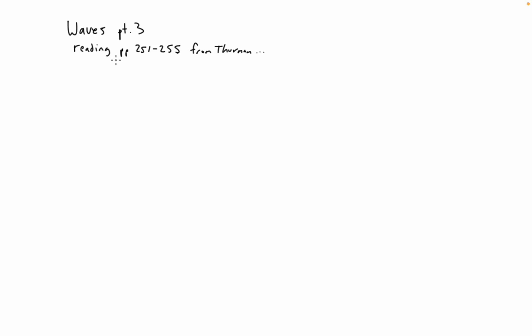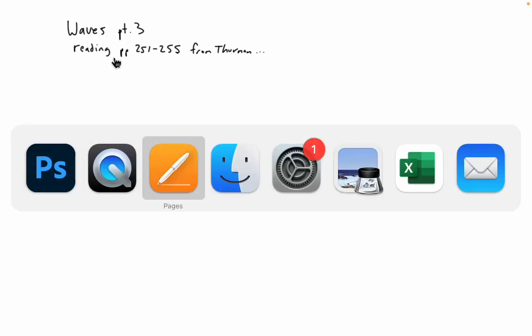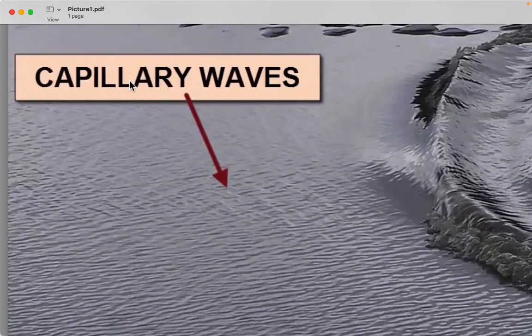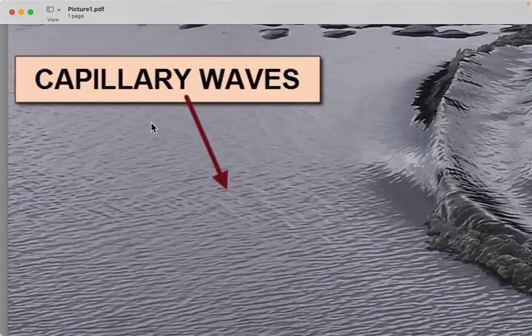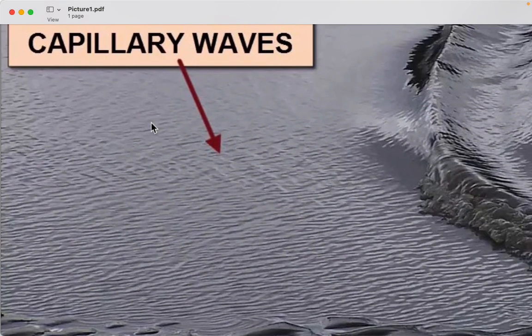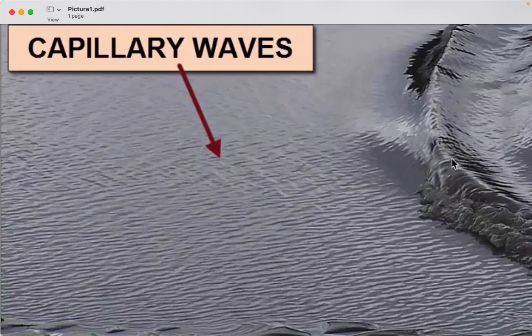Okay, so we're going to start by looking at a picture from last time. I mentioned capillary waves and gravity waves, and this image shows an example of both in water. Here you can see these little centimeter-scale waves generated by the wind. The point was that surface tension is the main controlling force trying to flatten these waves out.